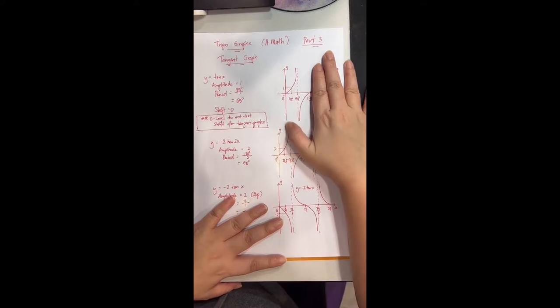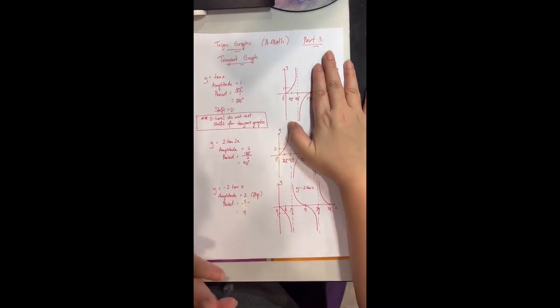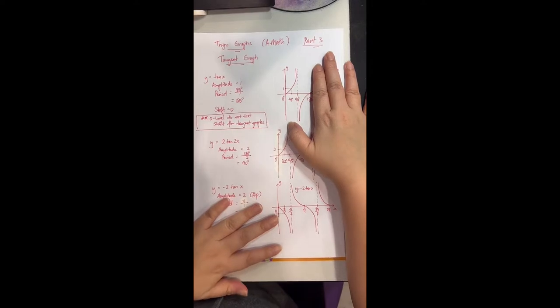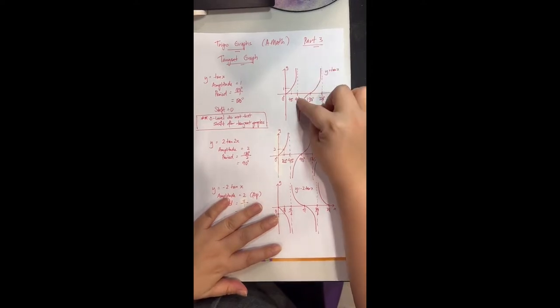This is one cycle. The good thing about tangent graph is that one cycle is only 2 intervals. For sine and cosine, remember one cycle we need to have 4 intervals. So tangent graph only 2 intervals. So for 180, I only need to cut half, 90 degrees.